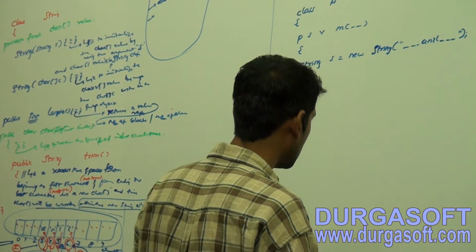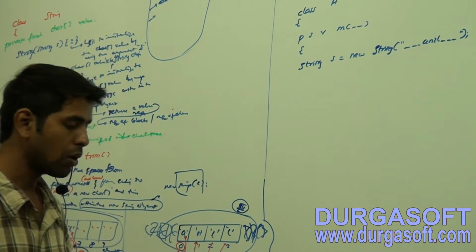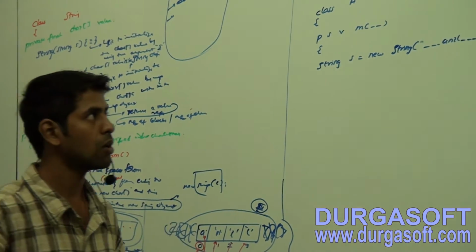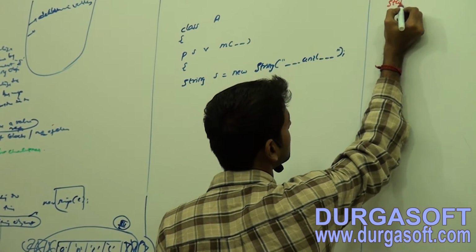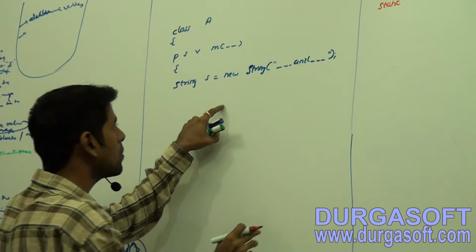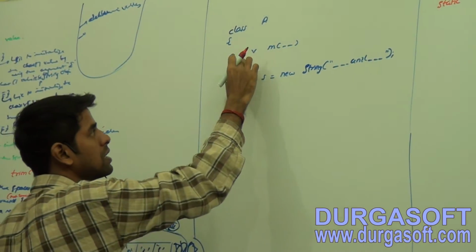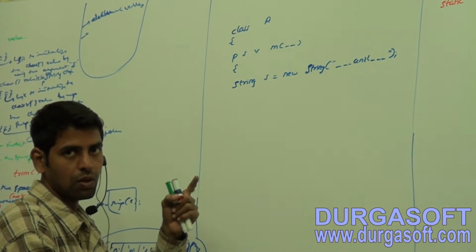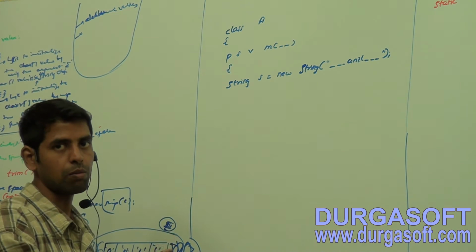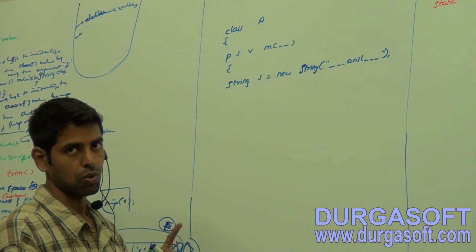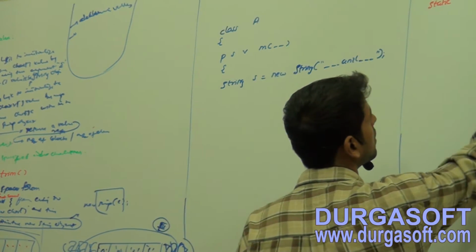Now let's define our own trim method. How to write that one? Let me declare that method as static, guys, because I want to access that method within the static area without creating an object for class A. I hope you have knowledge about that. Now string, what is that method?